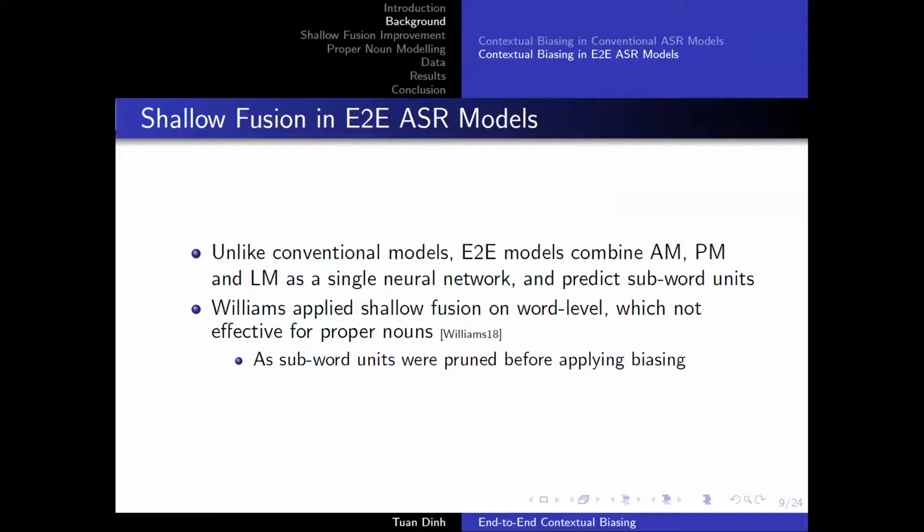Unlike conventional models, end-to-end models combine the acoustic model, pronunciation model, and language model as a single neural network and predict subword units.